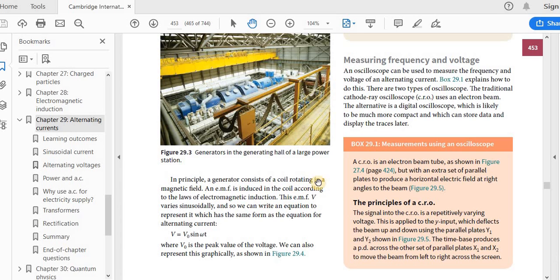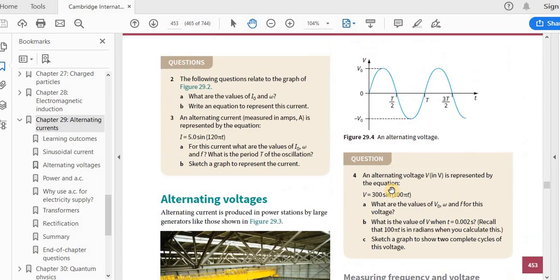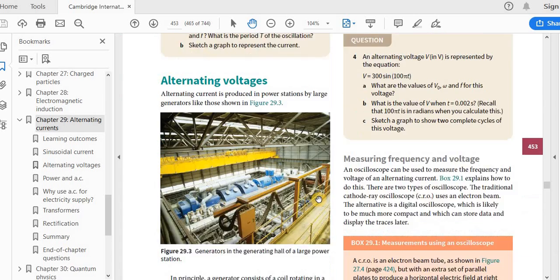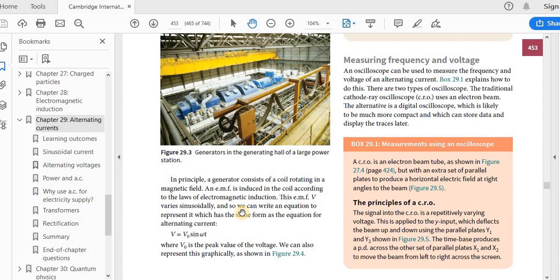Okay, a generator consists of a coil rotating in a magnetic field, and an EMF is induced in the coil according to the laws of electromagnetic induction. This EMF V varies sinusoidally, like this. This is the induced EMF, an alternating voltage. And so we can write an equation to represent it, which has the same form as the equation for alternating current. Now, in the case of alternating current, you had I equals I naught sine omega t.